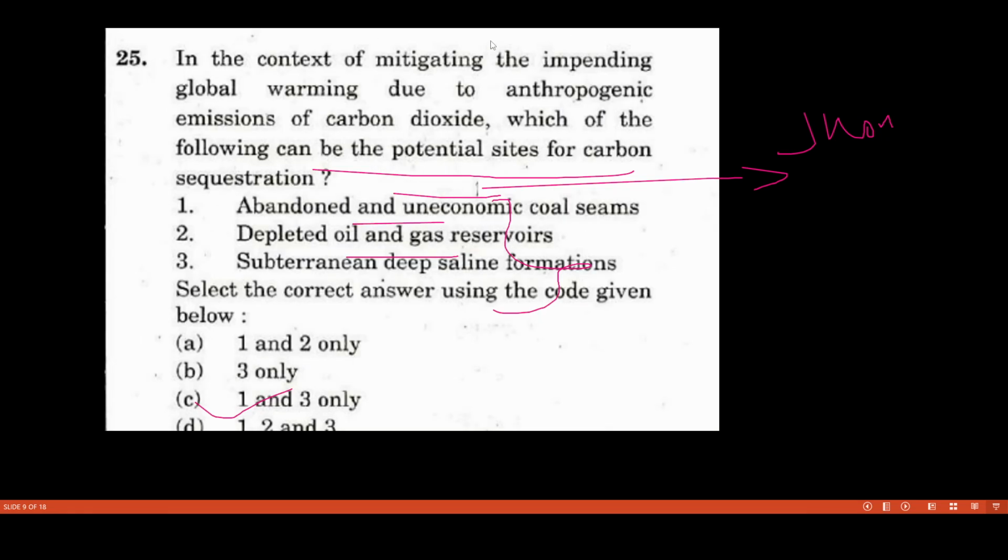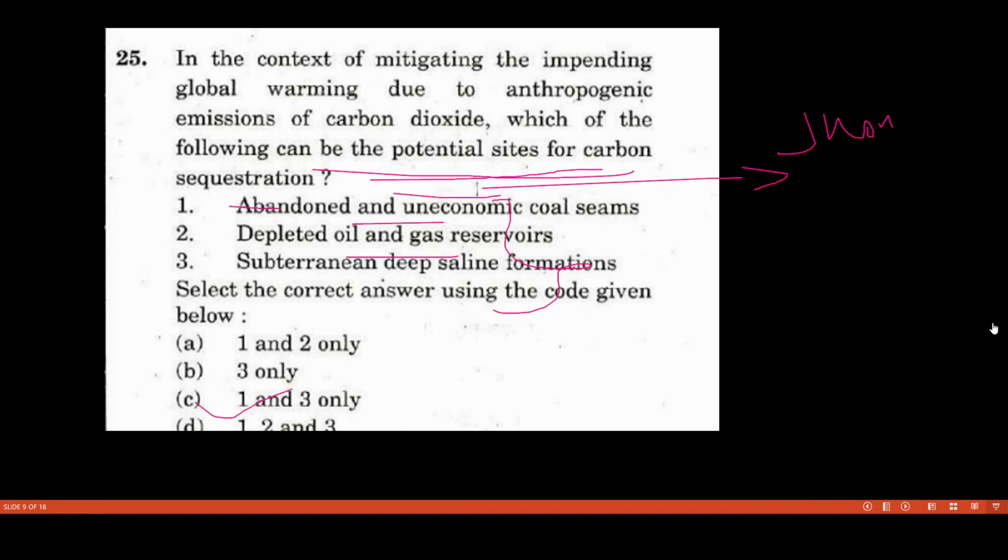Now let's see the next question. In the context of mitigating impending global warming due to anthropogenic emissions of carbon dioxide, which of the following can be the potential sites for carbon sequestration? Now you see this question. Actually, it was also in the news that year.